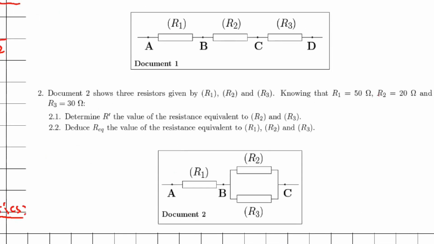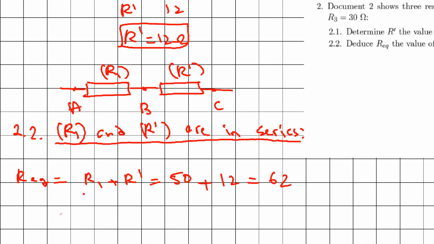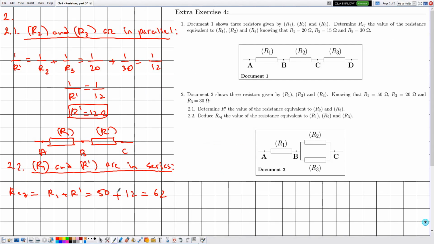The value of R1 is given by 50, and the value of R prime is given by 12. So this is equal to 62. Since both R1 and R prime are expressed in the SI, which is ohms, then the value of R equivalent will be expressed in ohms. So R equivalent is equal to 62 ohms.